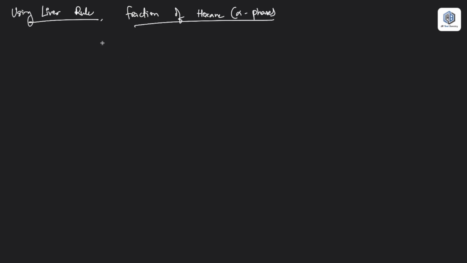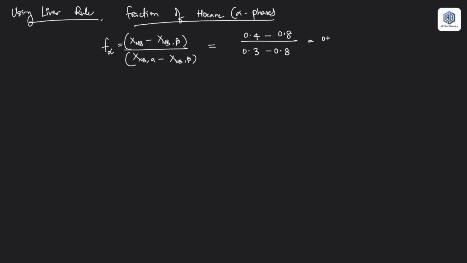Okay, that is calculated as f_alpha, and it was given by x_NB minus x_NB beta, right, divided by x_NB alpha minus x_NB beta. We know the value of all of them. We will put all of them. So this is 0.4 minus 0.8 divided by 0.3 minus 0.8. So it becomes 0.4 divided by 0.5, which gives you 0.8.